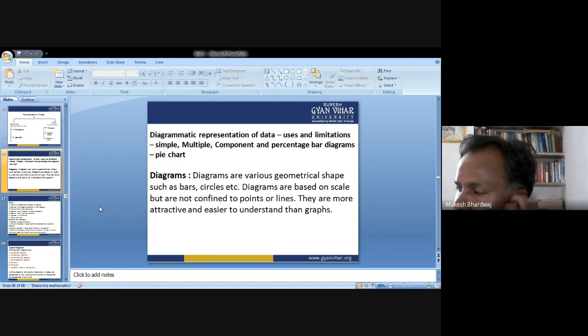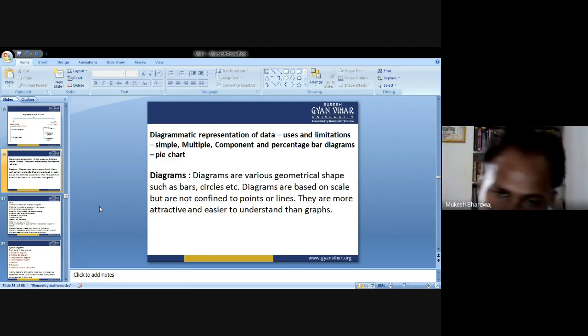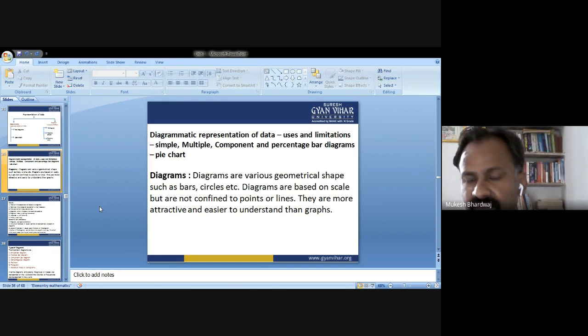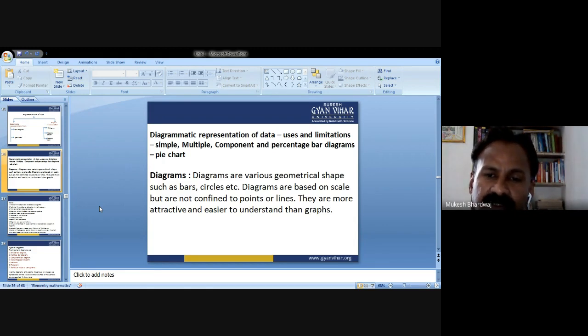Obviously, the data which is represented by means of bars or circles is more attractive and easier to understand than the graph, because when you do the analysis through the graph, you need to study the graph, you need to see in how much scales we had divided so many quantities, and after observing the quantities, you conclude from the graph.